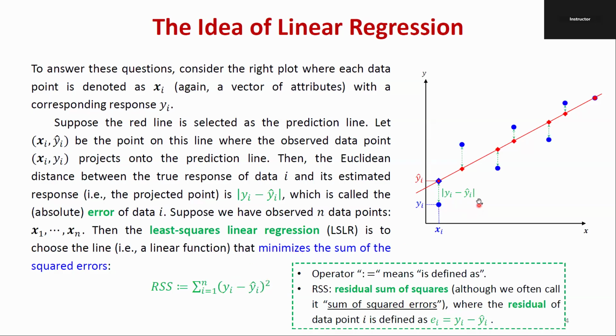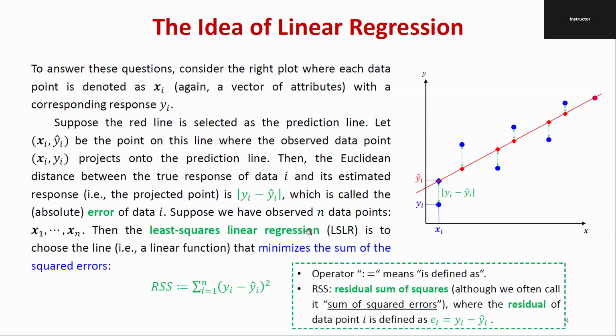That's why we use square instead of the absolute value. So first of all, I have this metric. Second, given the metric, I want to choose the best. The best means the line which can minimize the sum of the squared errors. I would consider that line to be the best. Okay, so this is the logic.